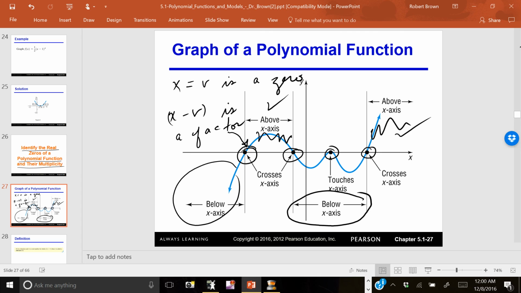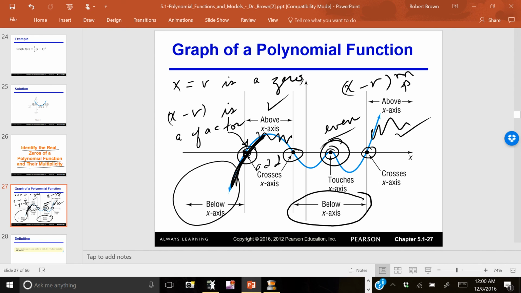If at a zero it crosses the x-axis going through, the multiplicity has to be odd. And if it just touches, the multiplicity is even. So for the factor x minus r to the m, m is the multiplicity.